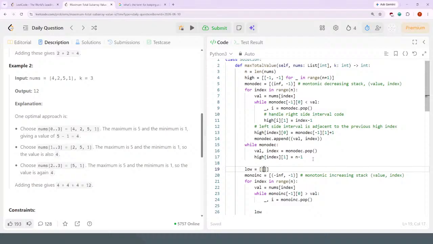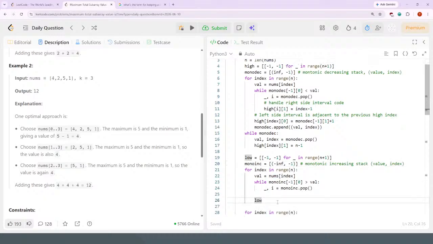I'll just do the same thing, -1, -1 for everything in range n-1, n+1. Low at this index at 0. Left bound is the mono increasing, the last one, index +1.